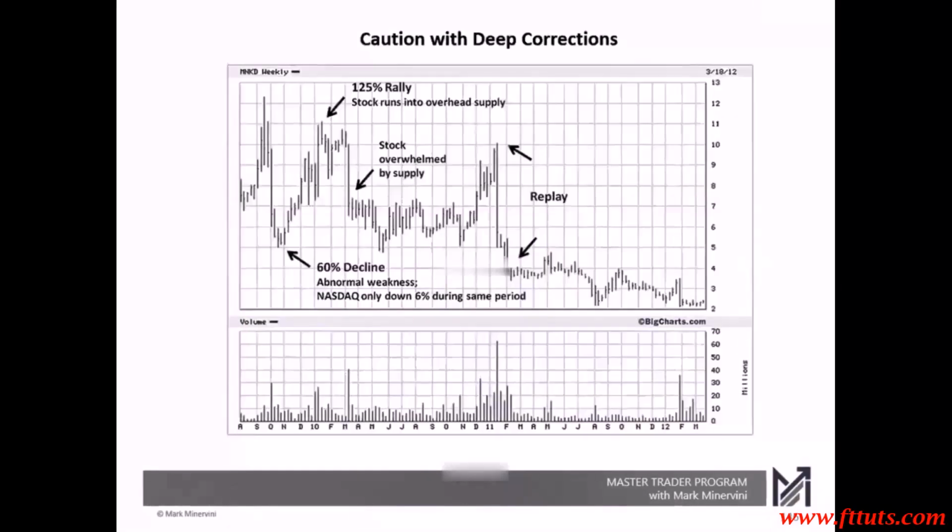Now, one of the things that we've got to caution you with, and I've noticed in this recent last cycle, we have had a lot of stocks that have had pretty big declines, and some have worked.